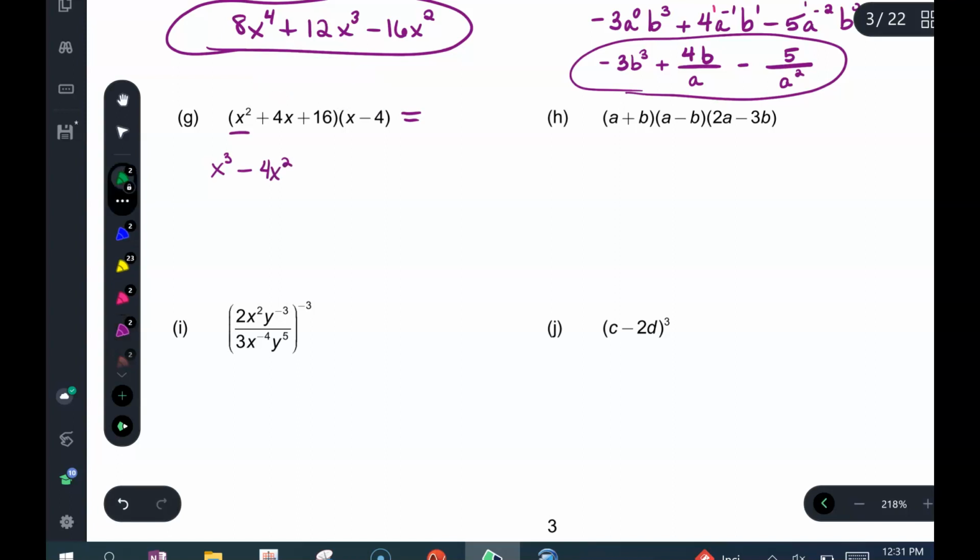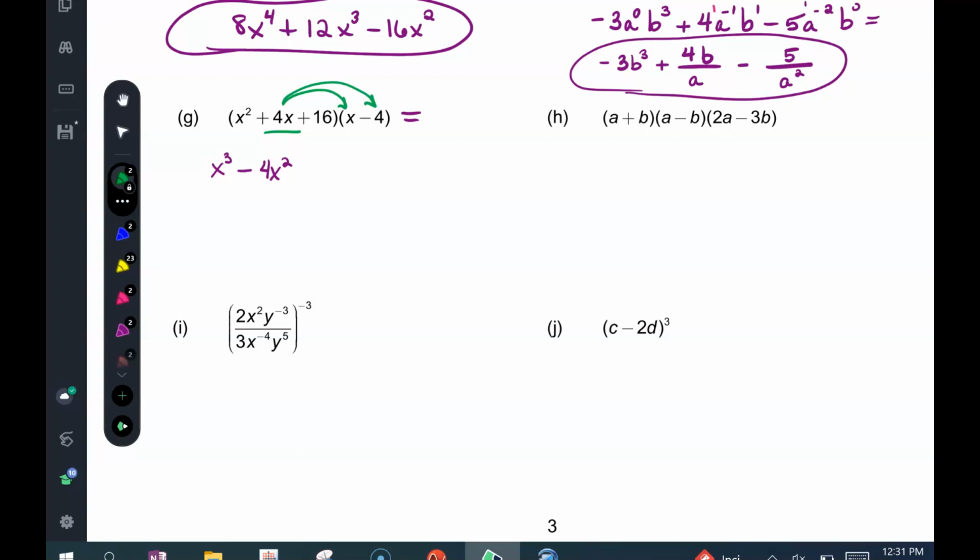All right, next. Now I'm going to take 4x and distribute that. Why wouldn't you do x minus 4 to 16? We're going to do that last. I'm taking this to multiply each part, this to each part, and then that. I was thinking the other way. You know what? You can go the other way.